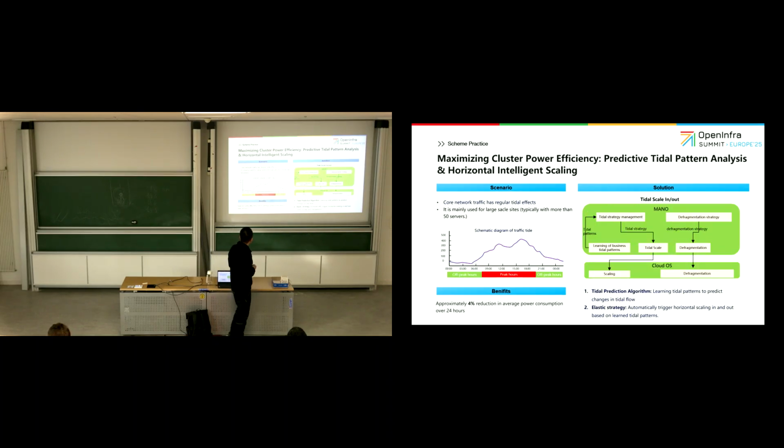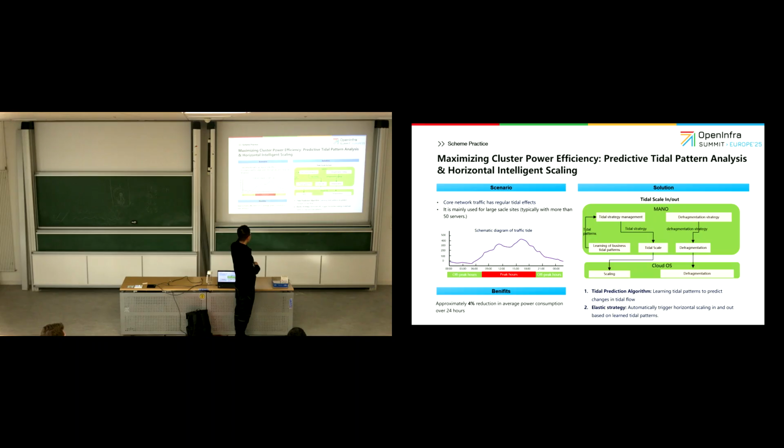In Telco Cloud, I think it's not only our characteristic. In other businesses, they also have this pattern: you have your peak hours and non-peak hours. Ours is like this: busy in the day and sleeping at night.